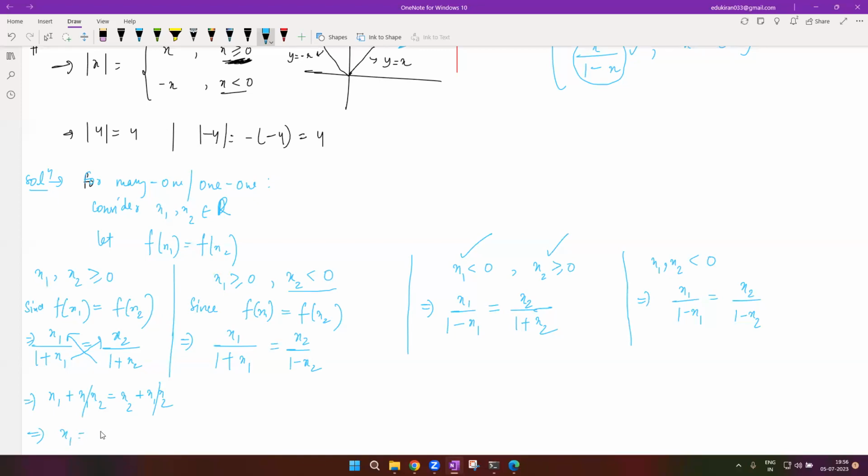So the only answer is x1 is equal to x2, which is valid, obviously. We don't check this for the validity part. We have discussed this in the previous process. Okay, now this is the second part. So this becomes x1 minus x1x2 is equal to x2 plus x1x2.